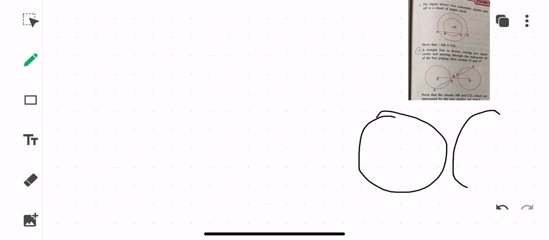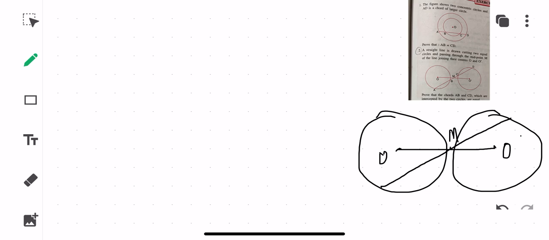So these are our circles. This is O and this is O dash, the two centers, and M is the midpoint of both of them. Then you have been given a line like this which crosses through M, and then this is A and D.